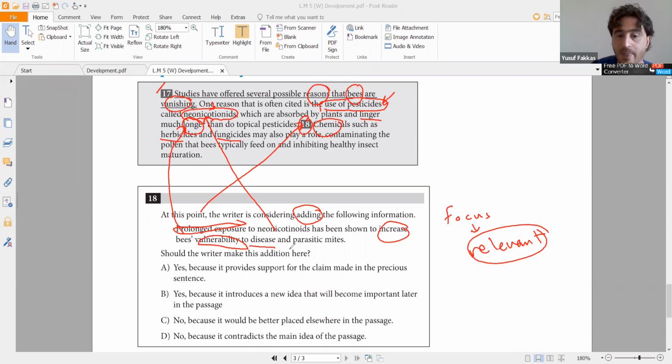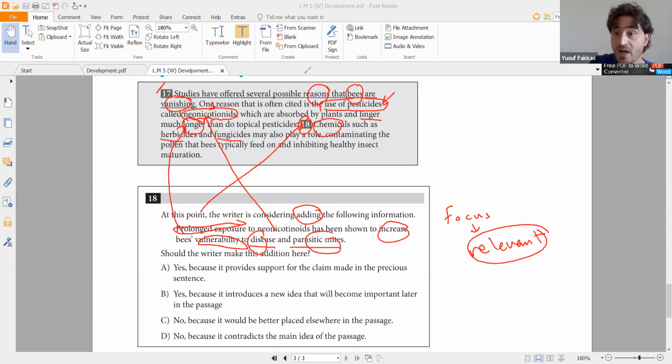To disease and parasitic mites. So they told us already that these neonicotinoids are one reason why bees are vanishing, are dying. And then we are explaining that this prolonged exposure to neonicotinoids, again mentioned in the previous sentence, increases the bees' vulnerability to disease and parasitic mites, which of course leads to their death.